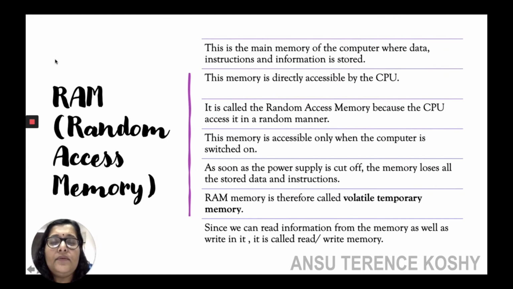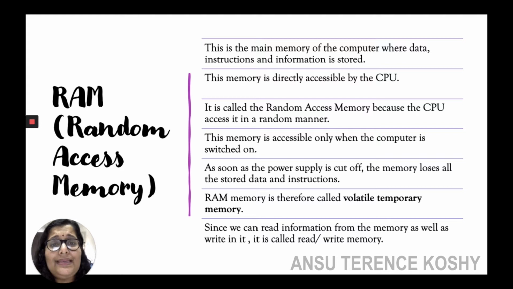The next one I would like to talk about is RAM or random access memory. This is the main memory of the computer where data, instructions, and information are stored. We already talked about that in part 1, that the main things we are concerned about are data, instructions, and information. All these things are stored in the main memory of the computer.